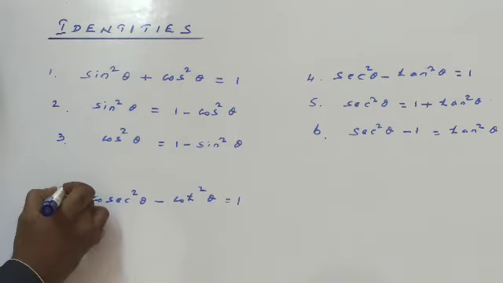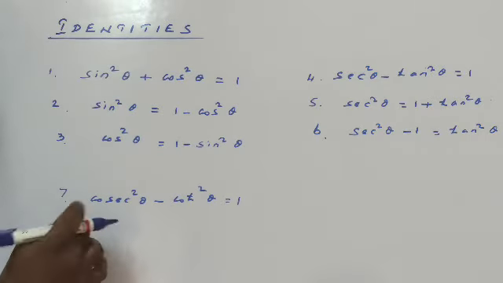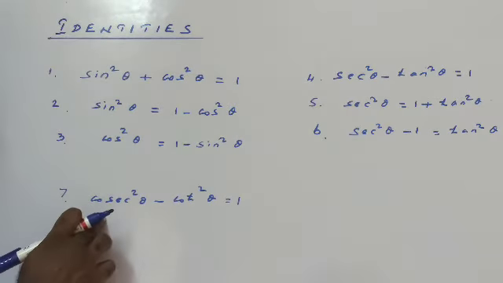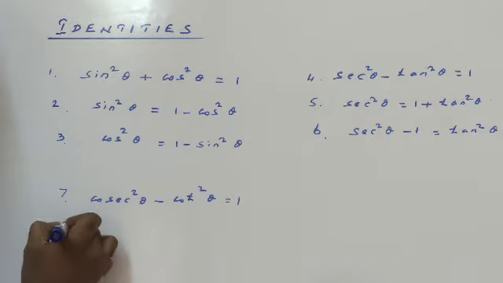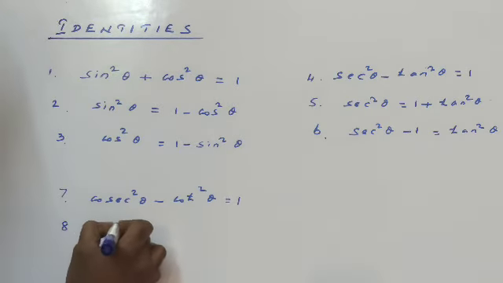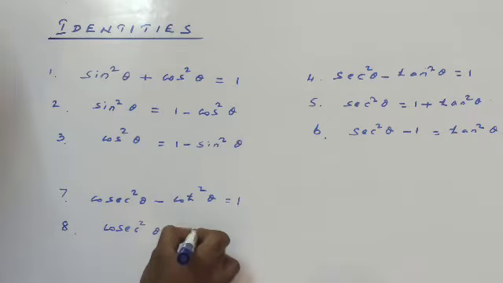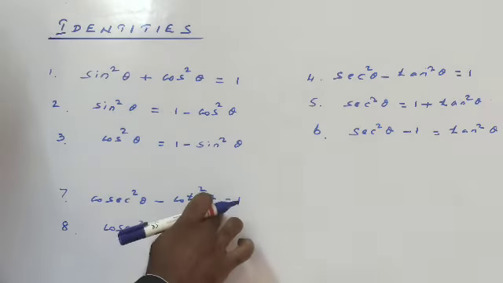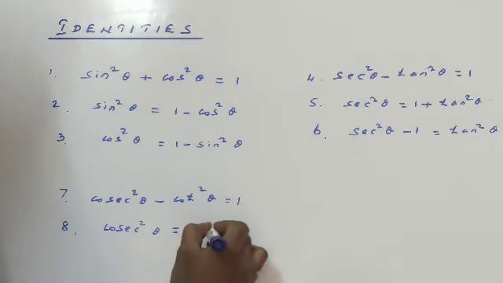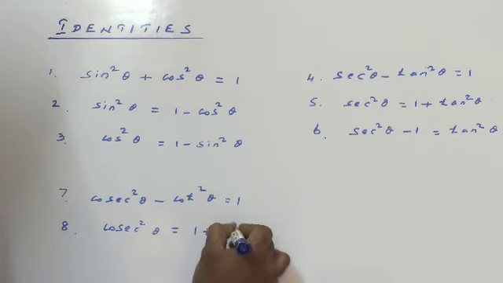Like that here, keep cosecant square theta on the left side. Now take minus cot square theta to the right side, it becomes plus cot square theta.